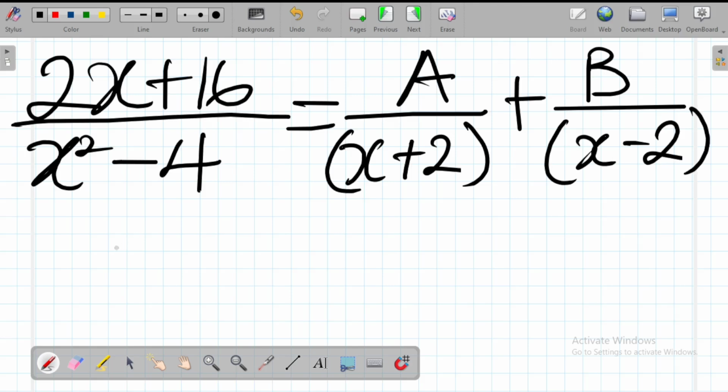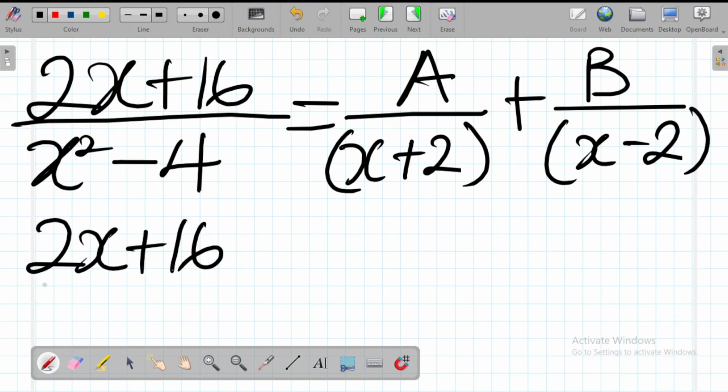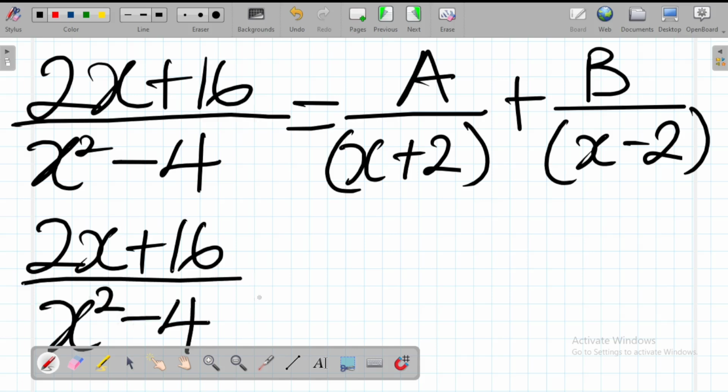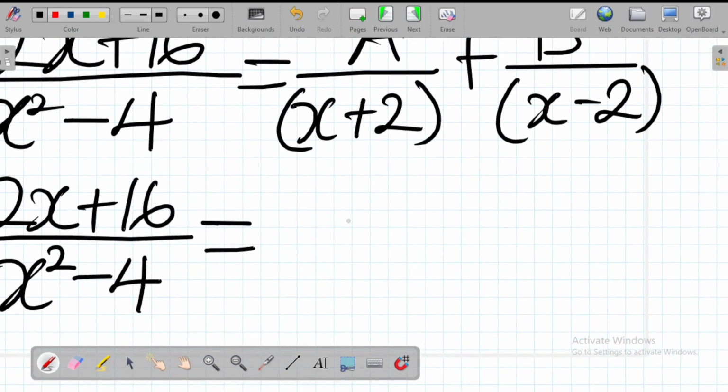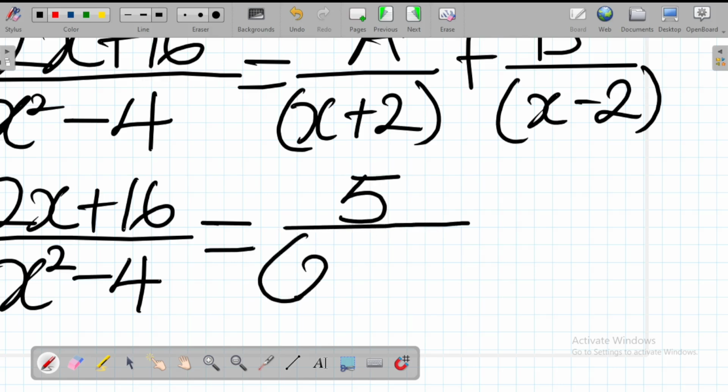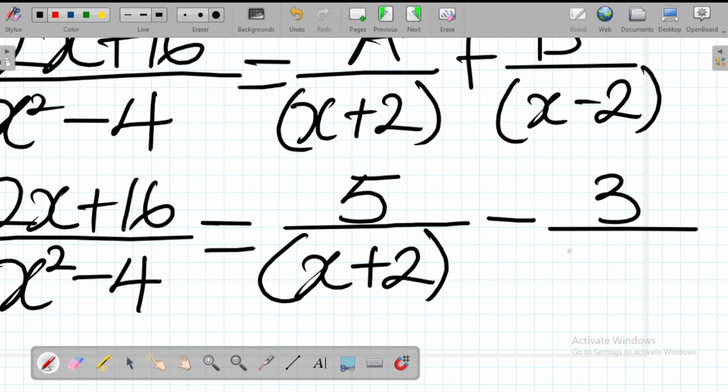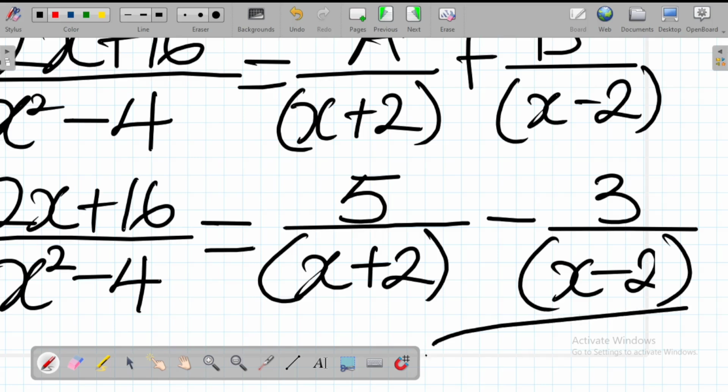So if we substitute the values of a and b into this equation, we will have 2x plus 16 all over x squared minus 4 is equal to, the value of a is 5, 5 all over x plus 2, and then minus 3 all over x minus 2. So this is our final answer.